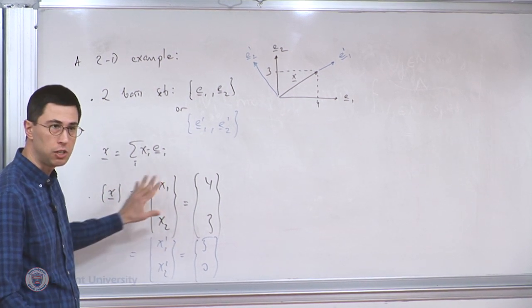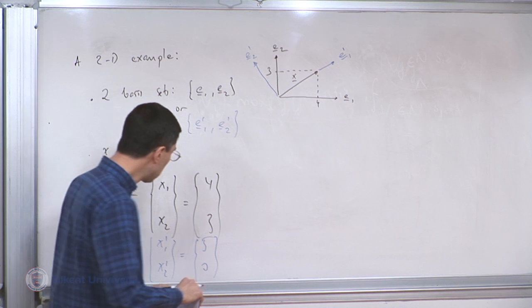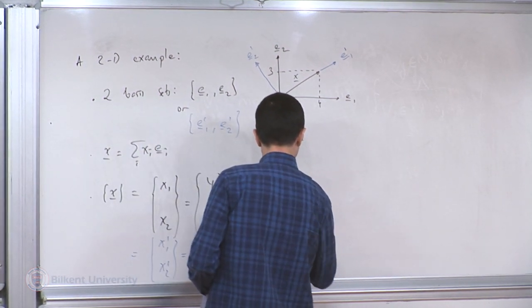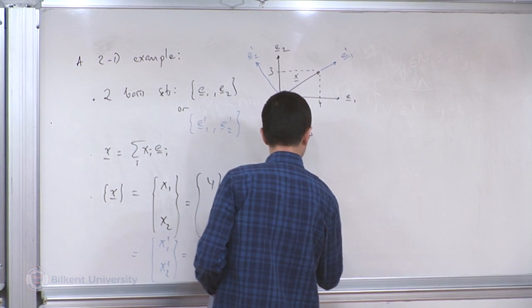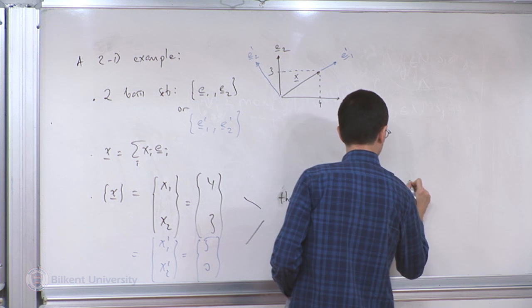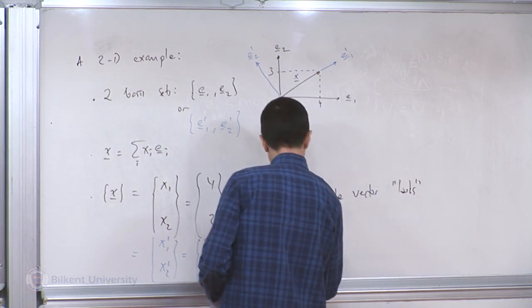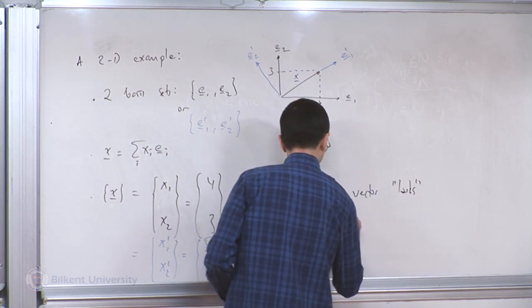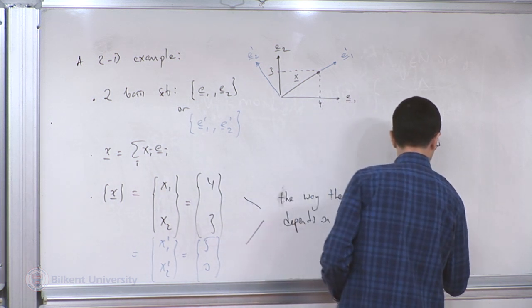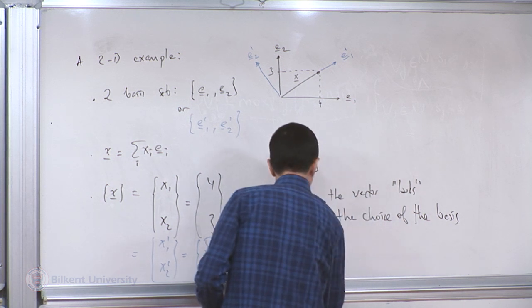The vector doesn't change. Just the way it looks changes. Okay, let's keep that in mind. So I'll write here: the way the vector looks depends on the choice of the basis. But it's the same vector.